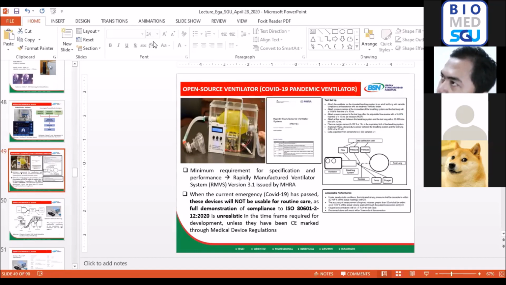The procedure, Pak Ega, when a university would like to develop a ventilator, maybe to contribute or participate in fighting the COVID-19 pandemic, what steps should the university take so that their developed ventilators can be used in actual clinical application in hospitals?